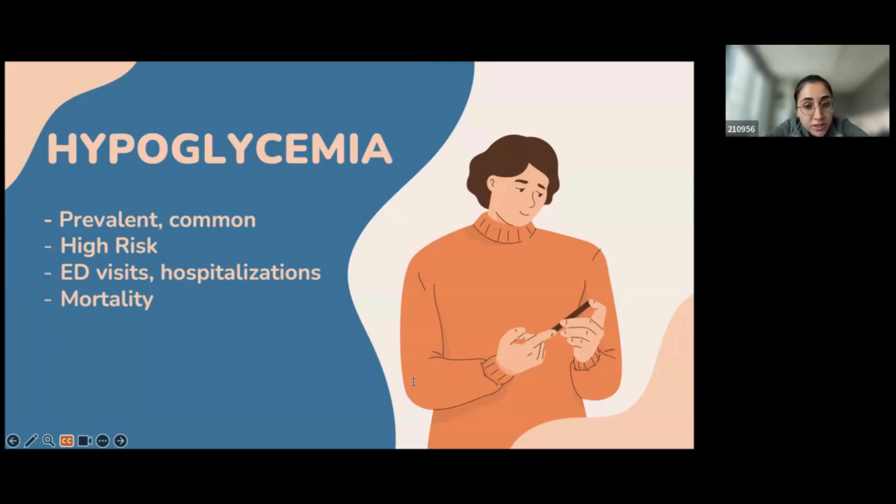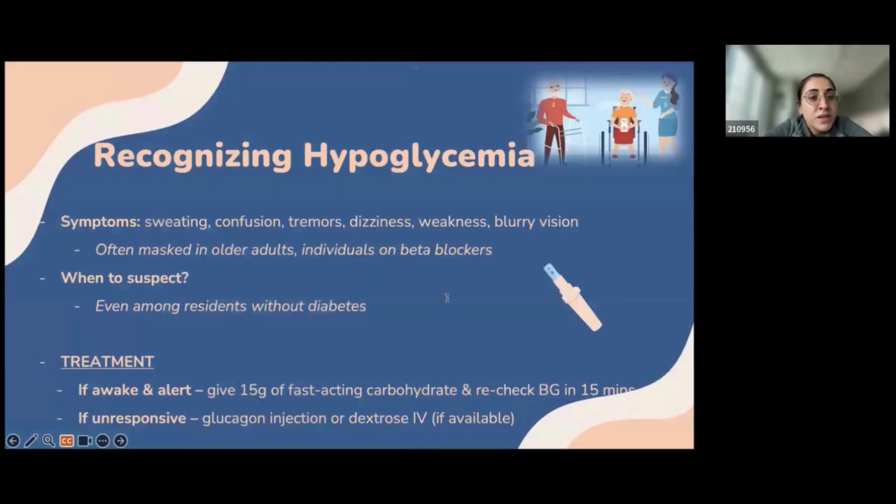Events are generally more common in individuals on insulin and sulfonylurea, which are associated with hypoglycemia. But overall, the statistics highlight the significance, prevalence, and impact of hypoglycemia in nursing homes and post-acute care settings. And this underlines the need for really vigilant monitoring and tailored diabetes strategies.